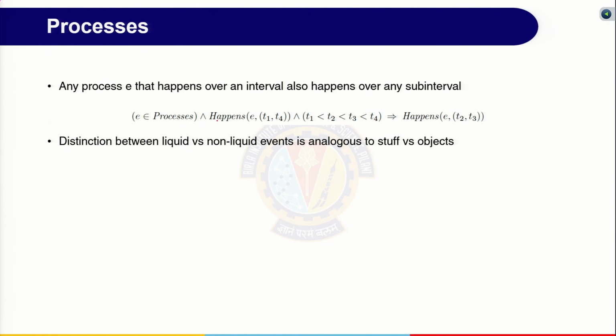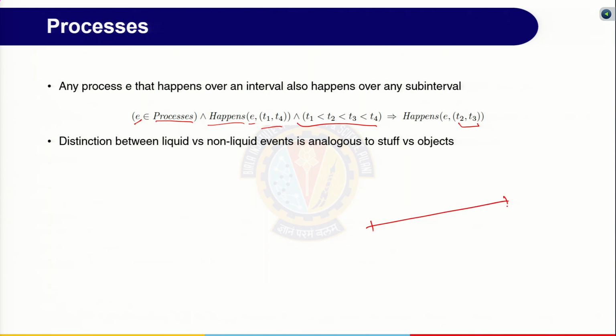So we have this predicate from the event calculus which says that variable E is a member of the class processes, and E happened during the time interval t1 to t4, which would also mean that it can happen during a sub-time interval t2 to t3.